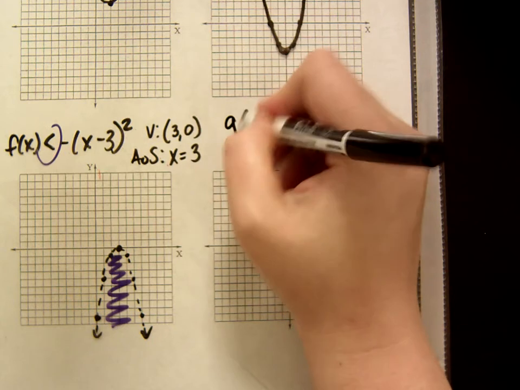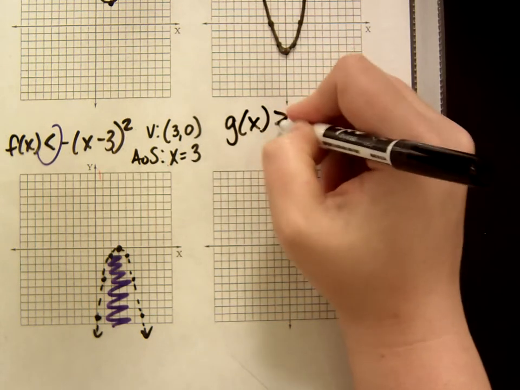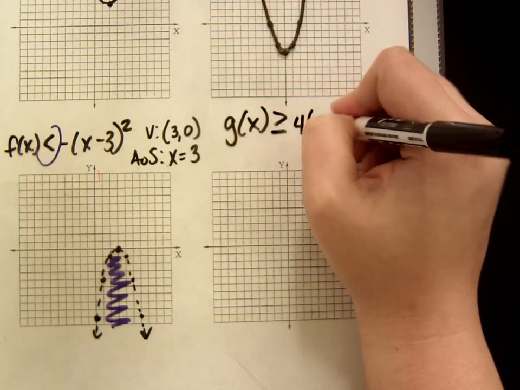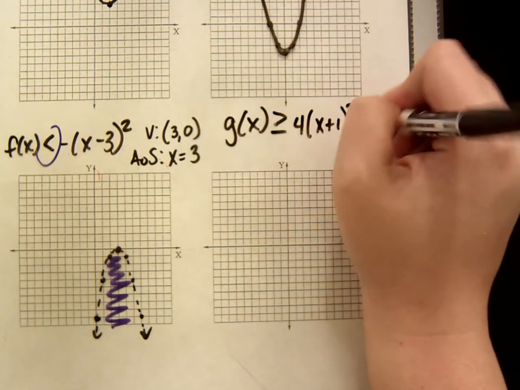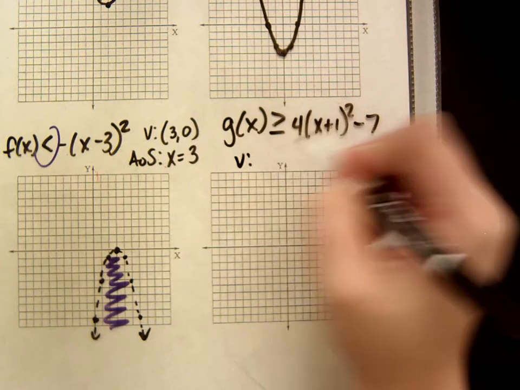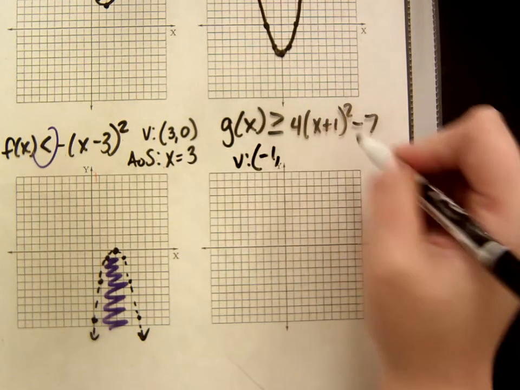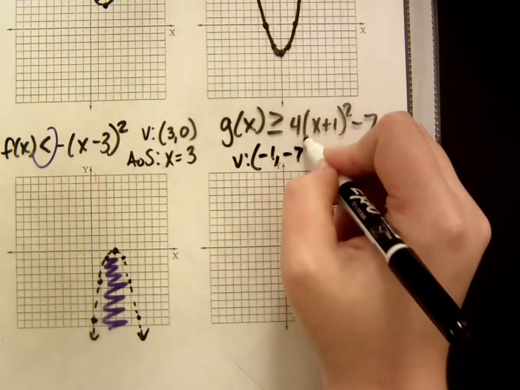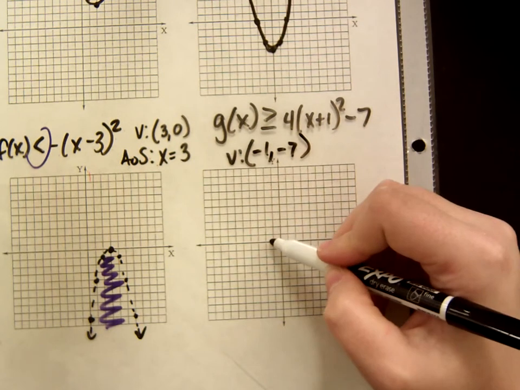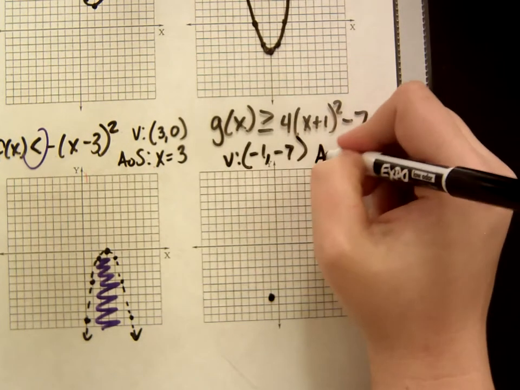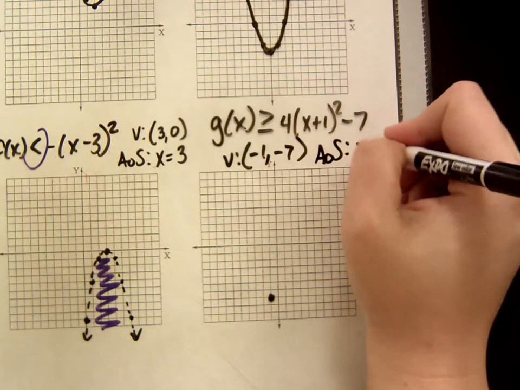Let's take another one. Greater than or equal to negative 4 times x plus 1 squared minus 7. So the vertex on this one, remember, change the sign of the one on the inside, so that's -1. Keep the one on the outside, -7. So -1, -7 is my vertex. My axis of symmetry is the line x equals -1.